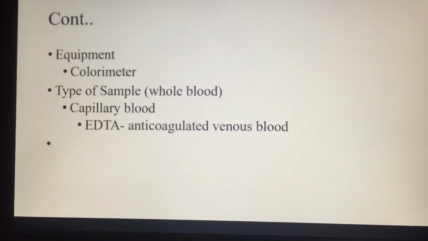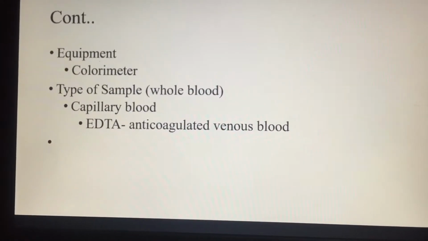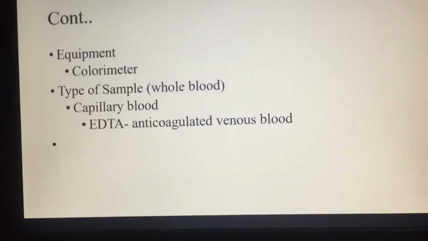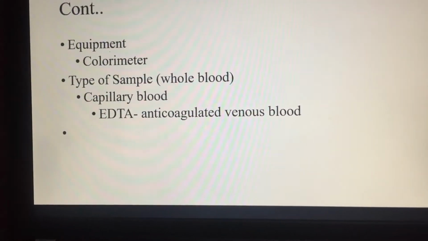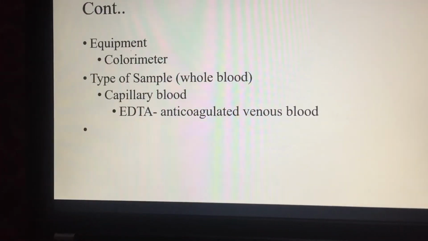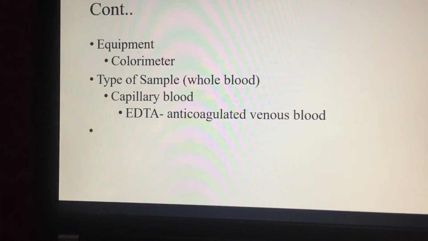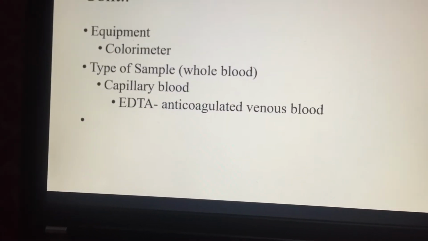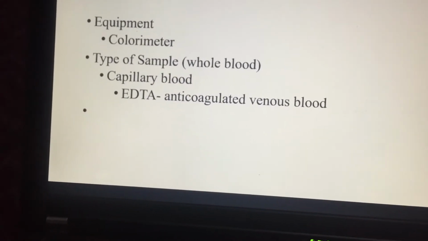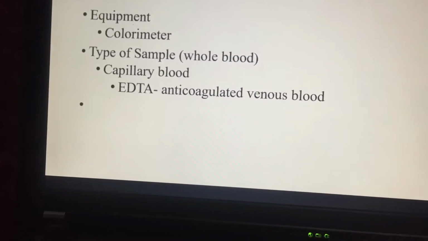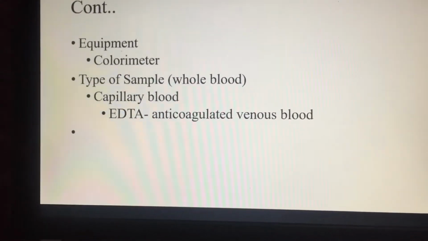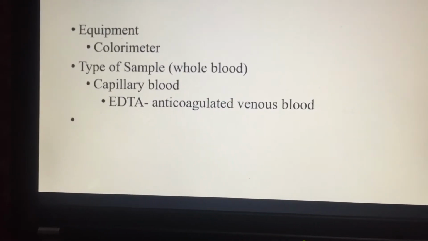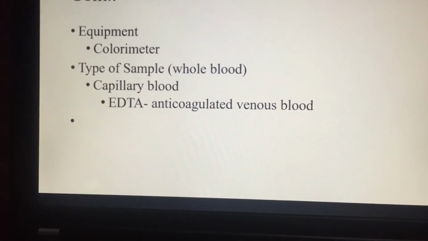That venous blood should contain EDTA, which is an anticoagulant, so it should be preserved using the anticoagulant known as EDTA, ethylenediaminetetraacetic acid. That is the anticoagulant we use to protect our blood from clotting.